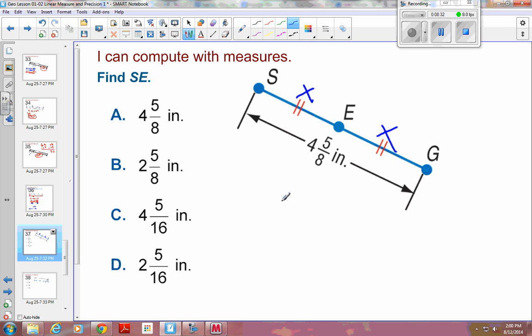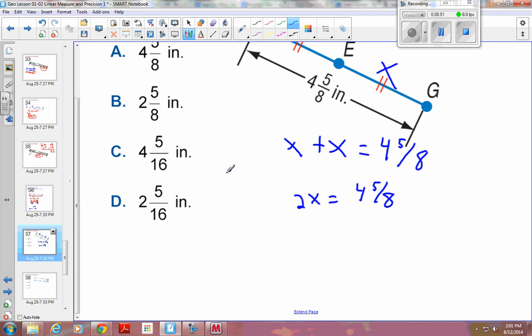So you got x plus x is equal to 4 5/8, or 2x is equal to 4 5/8. And yes, when you're given fractions, you're expected to leave things in fractions and work with them that way.